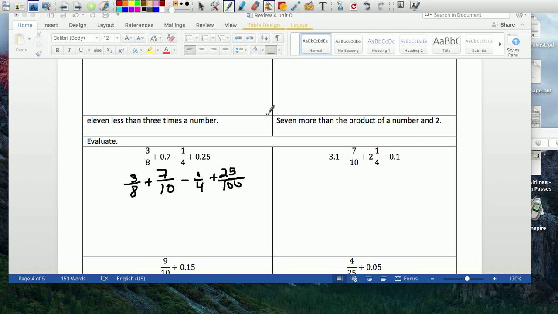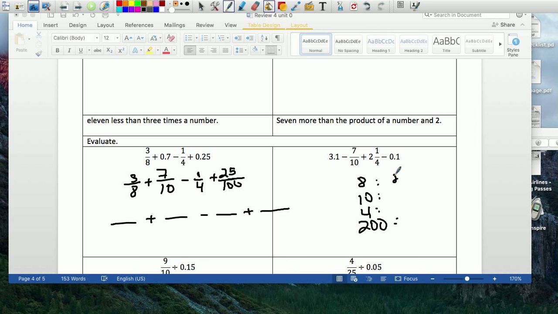So what can we do here? Let's assume that you didn't simplify. Okay, what would be the LCM here? What's the LCM of 8, 10, 4, and 200?